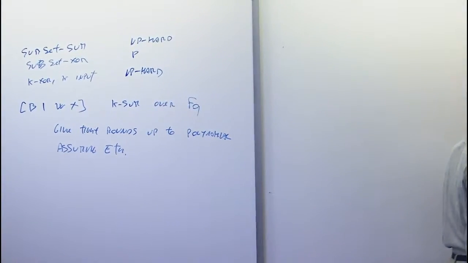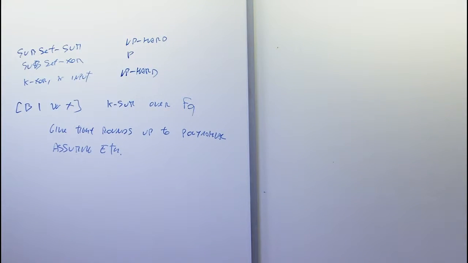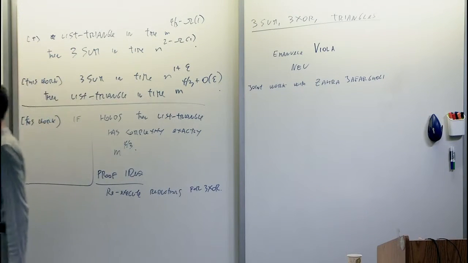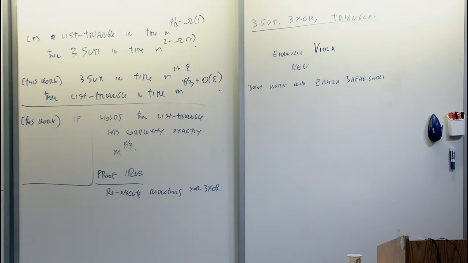All right. So what I'll do now, I'll give you a proof of this reduction. Let me start with the overview. So the proof is in 2 steps, both of which are fairly easy. Proof overview.